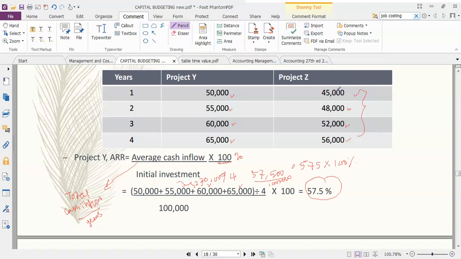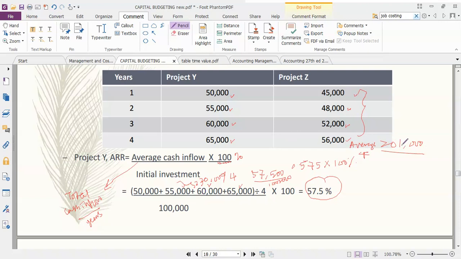So if you total up all this inflow, how much? How much is it? Once again, I can't hear you. Yes, very good. 201,000, and then divide with?